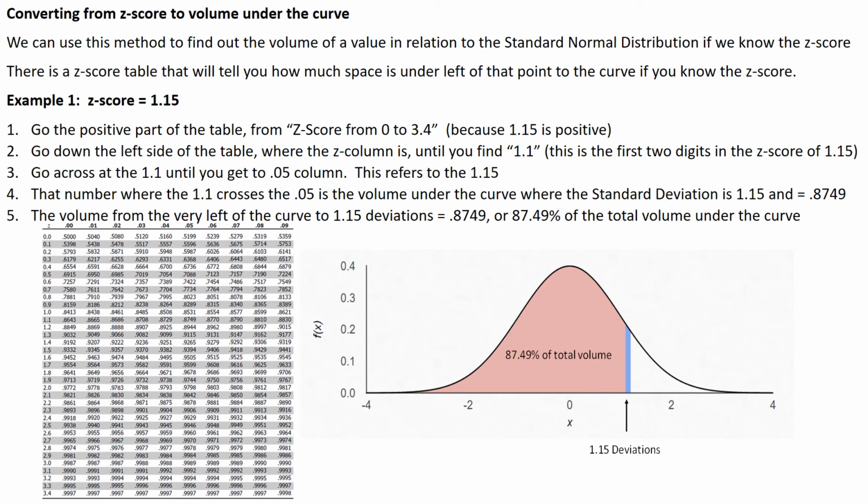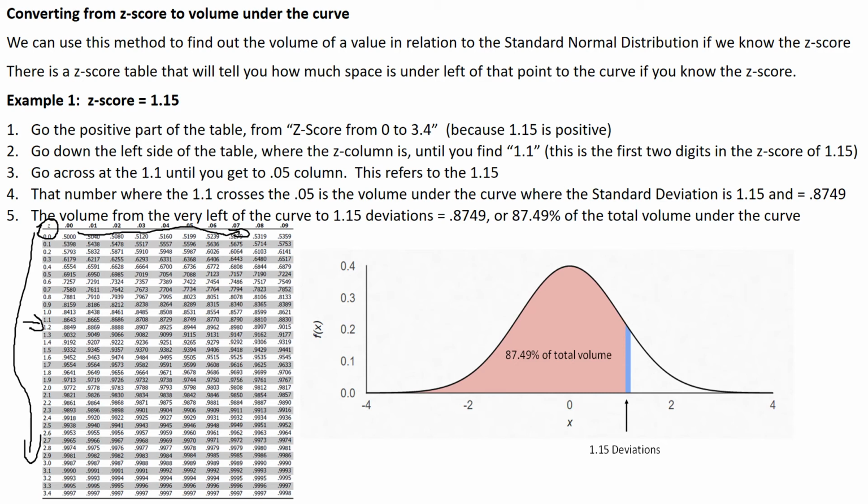And the way we read this is on top of here, on this part, where I'm circling the z, going down here are the tenths. Over across here are the hundredths. So what I'm going to do here is I want to look at 1.15. What percentage is under the curve? So I'm going to go, here's 1.1.